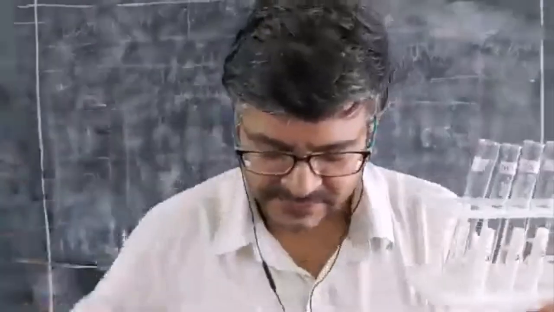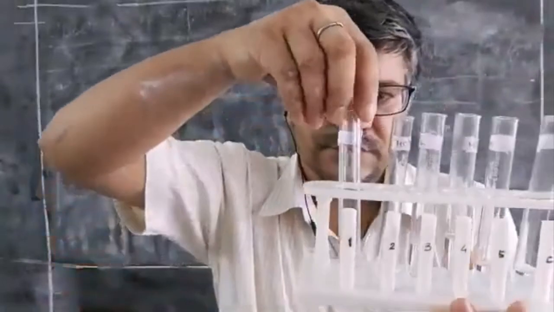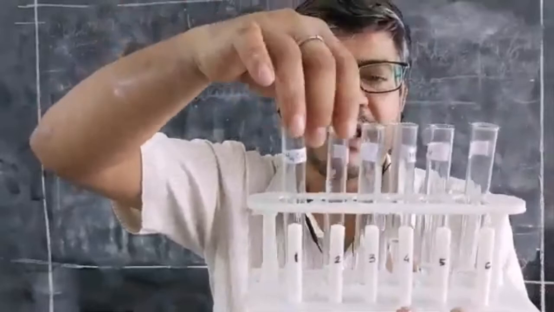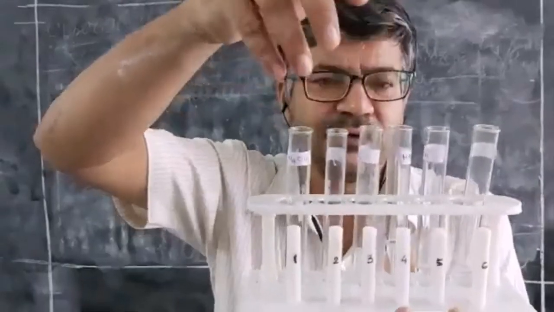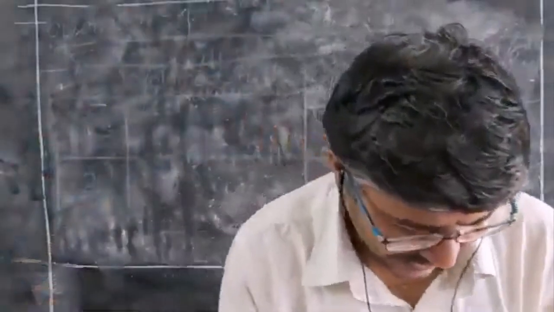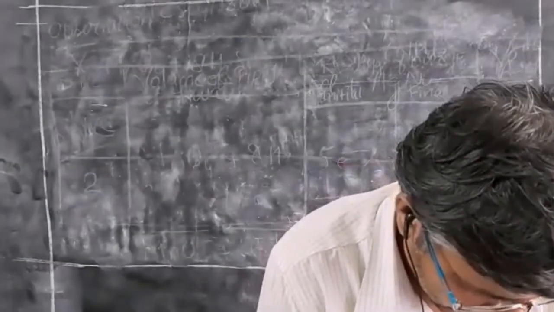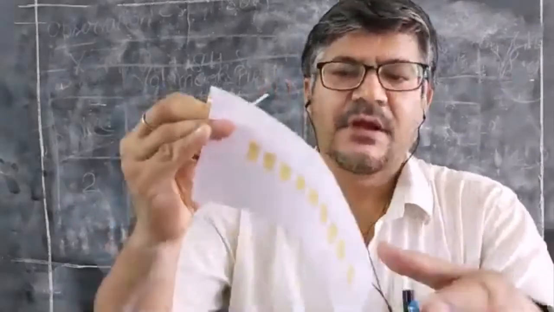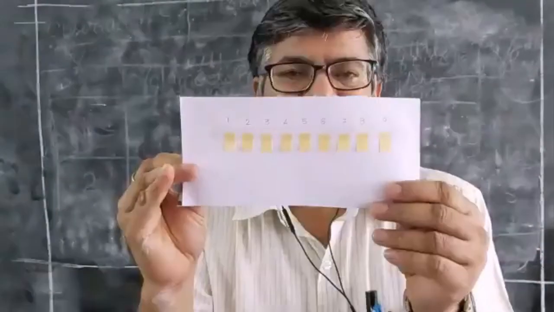These are the chemicals. Though I have marked them, they have to be verified once again, to see whether these were actual readings or not. And I have with me these little strips of universal pH indicator paper.